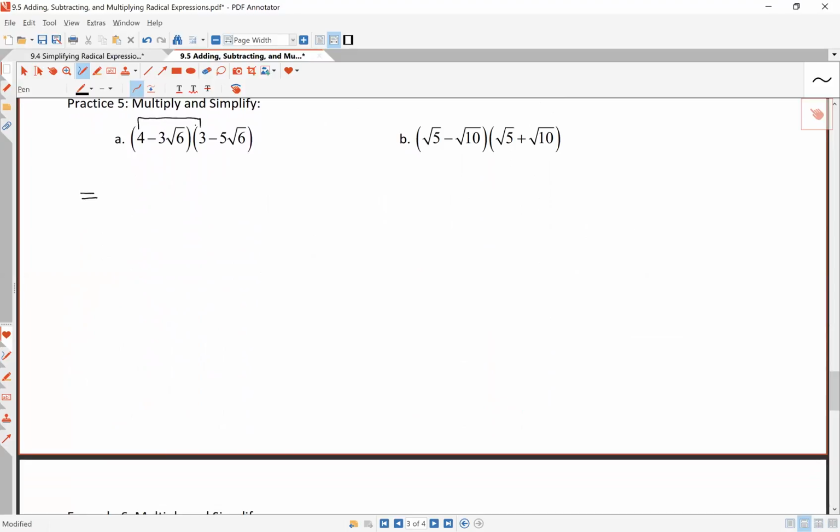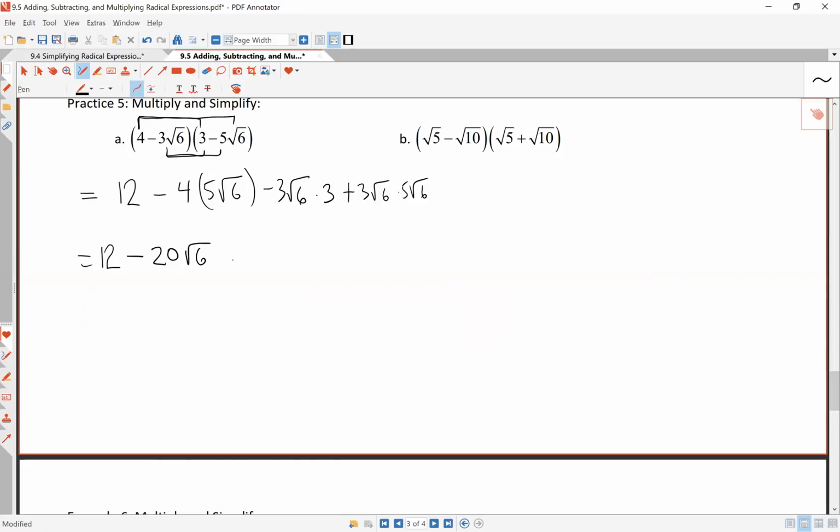We take 4 times 3 is 12. 4 times negative 5 root 6, minus 3 square root of 6 times 3. And that'll be negative to positive 3 root 6 times 5 root 6. 12 minus 20 square root of 6 minus 9 square root 6, plus 15.